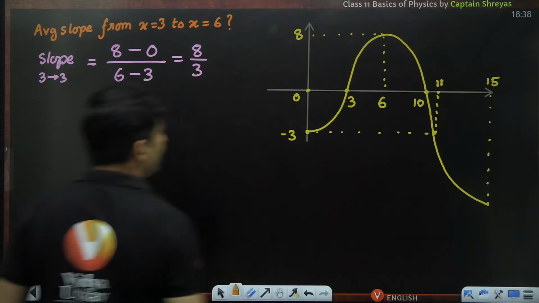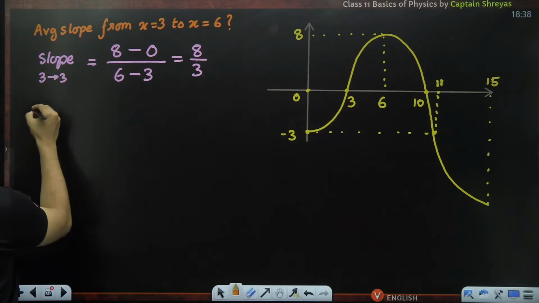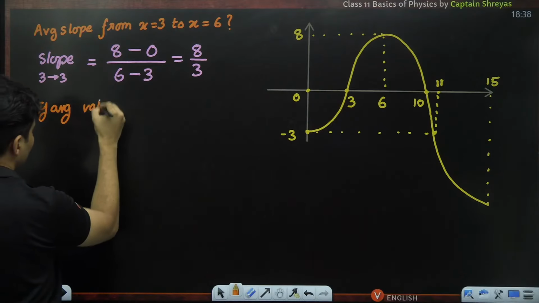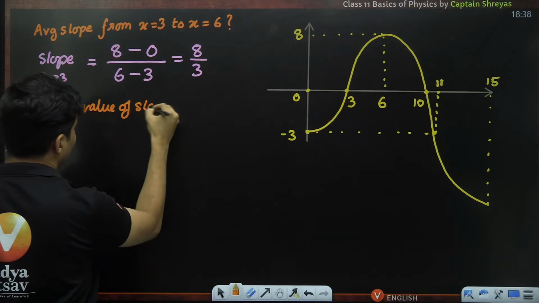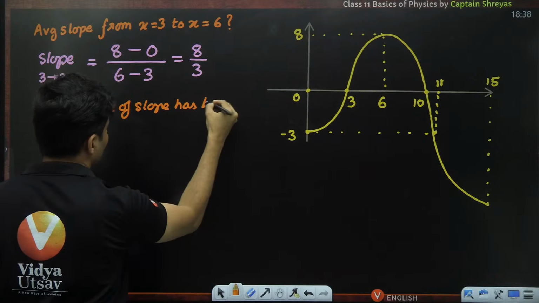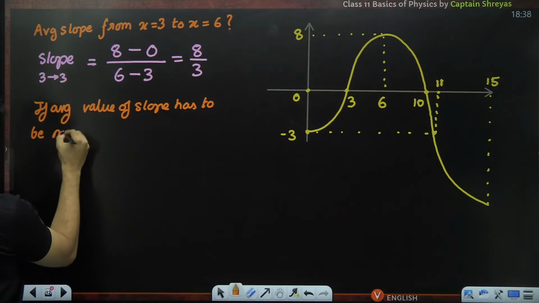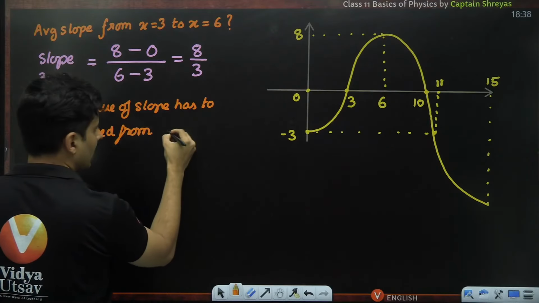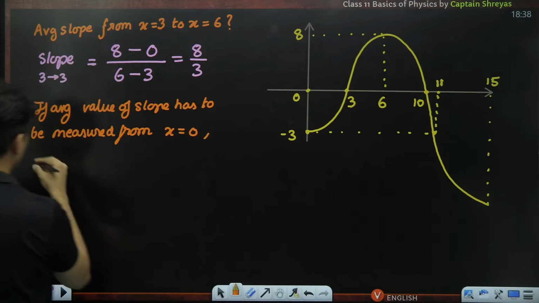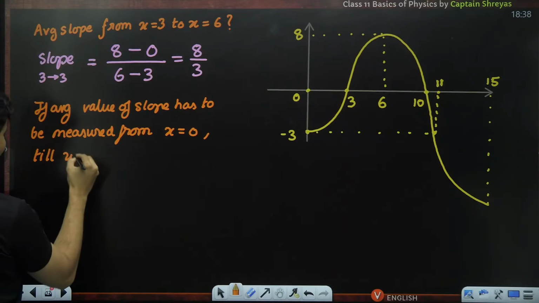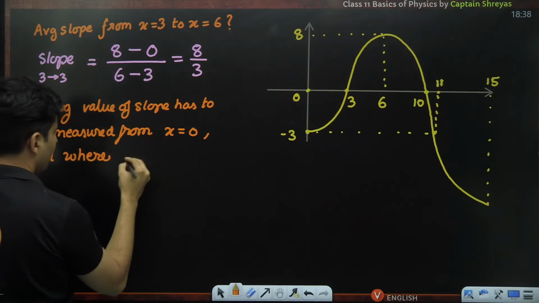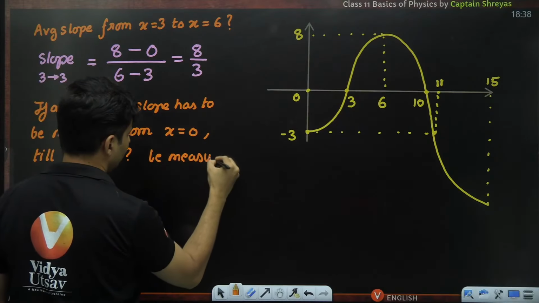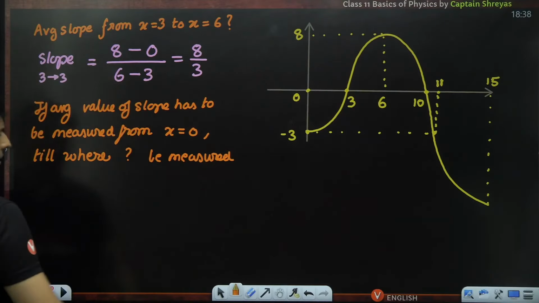Okay. Let's see how many of you can get this. If the average value of the slope has to be measured from x is equal to 0, till where should it be measured? Or I would put it like this.